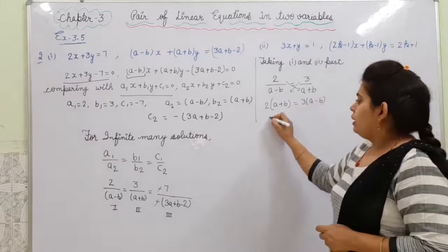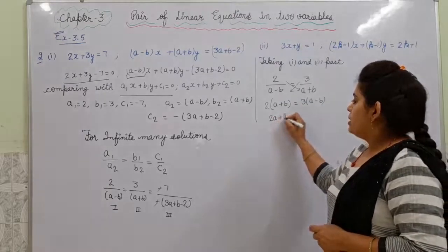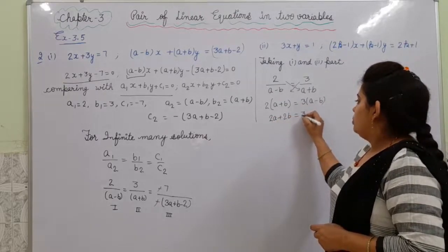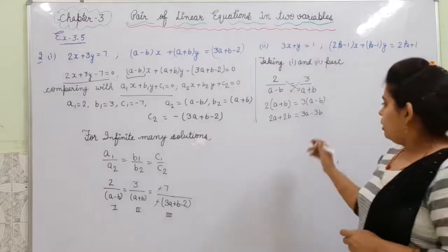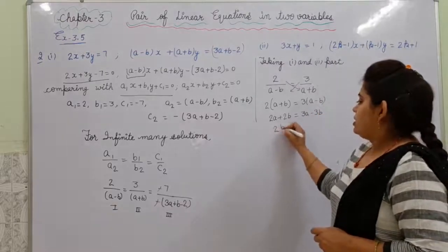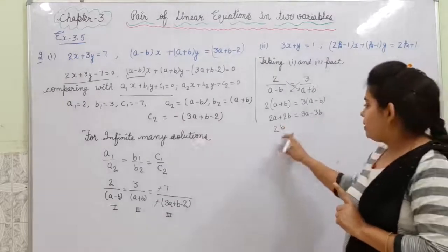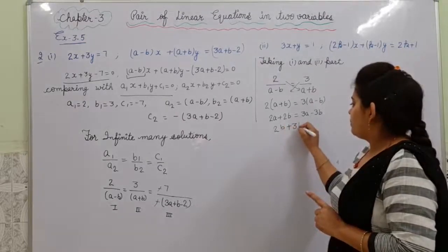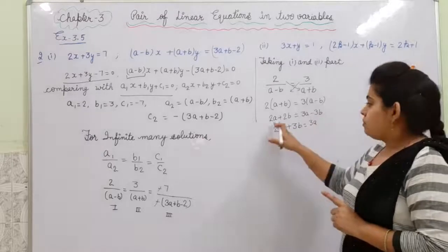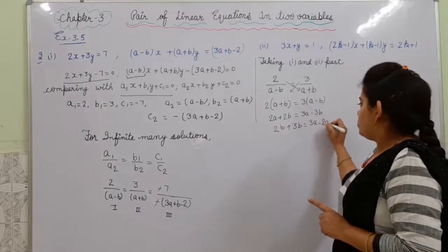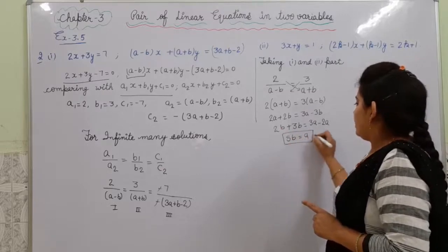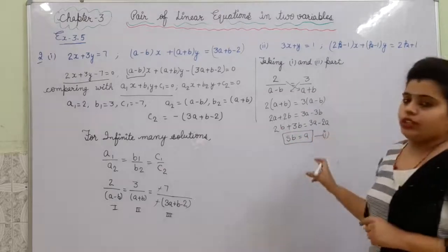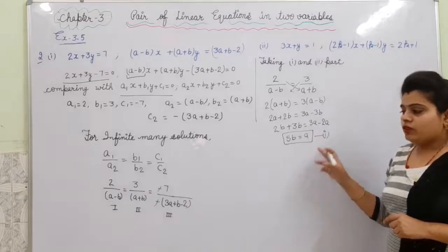Now 2a plus 2b is equal to 3a minus 3b. Now rearrange like terms. This minus 3b will become plus 3b, and 3a, this plus 2a will become minus 2a. 5b is equal to a. From here we get our first equation, that is our first equation.